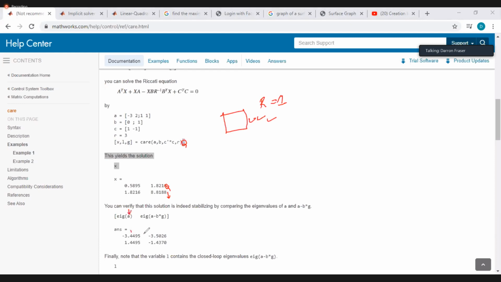So this is the matrix A and it gives you the eigenvalues of A. Now, this is not stable. So the thing that you had initially is not stable.